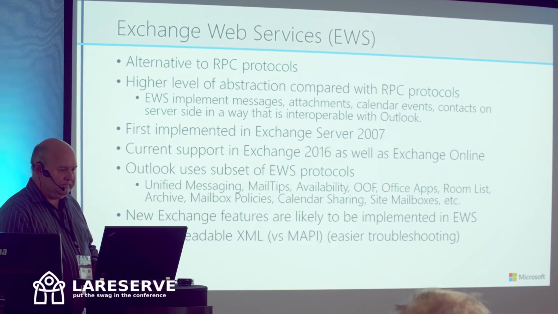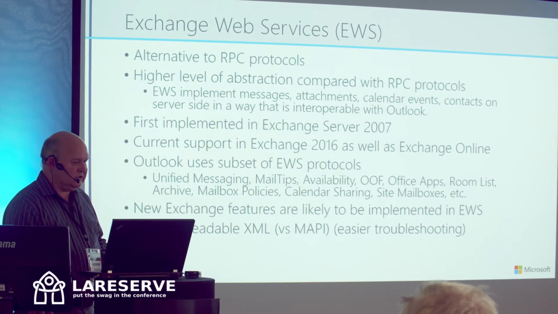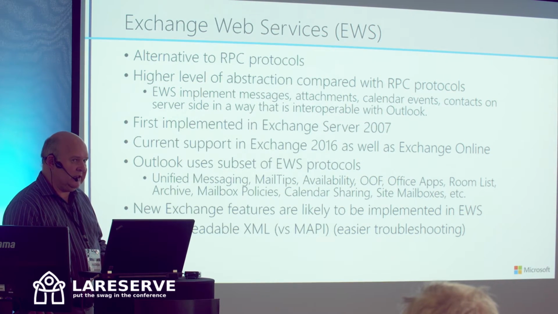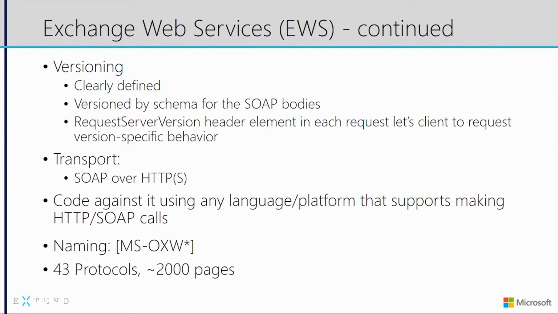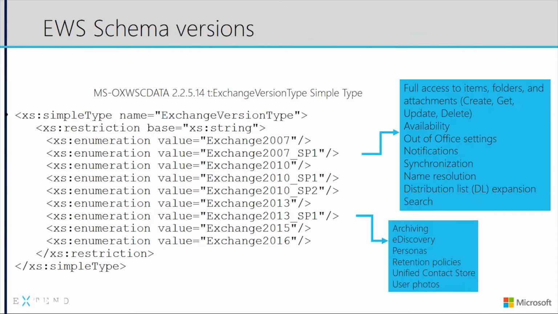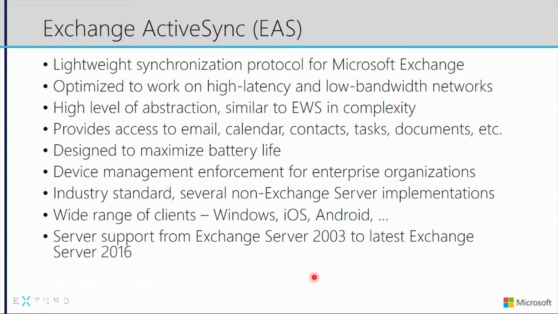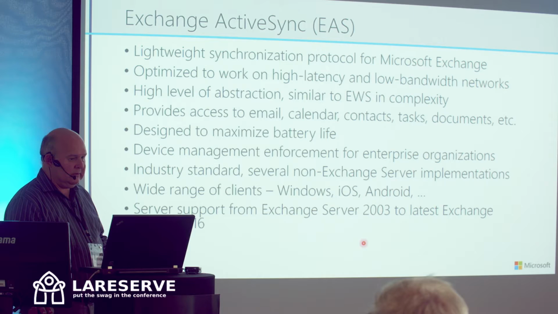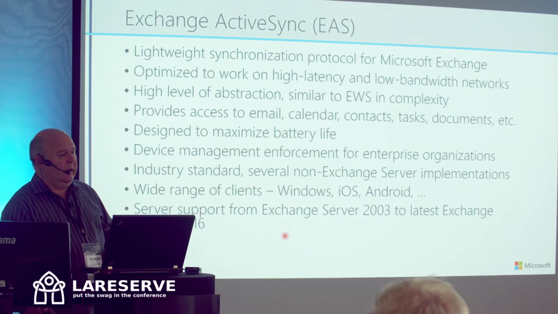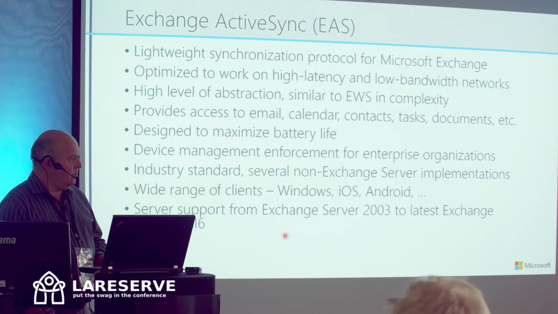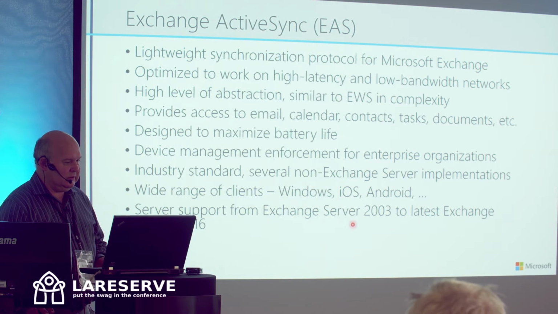We have web services. This is a way to access the same data in a more streamlined form, and it has advanced versioning. Transport is SOAP over HTTP. We have ActiveSync, which is a lightweight synchronization protocol optimized to work over high latency.